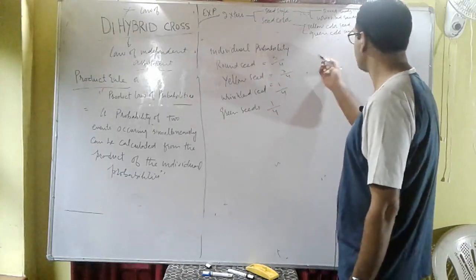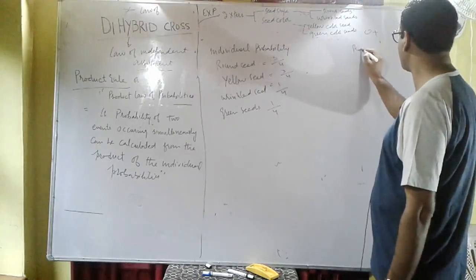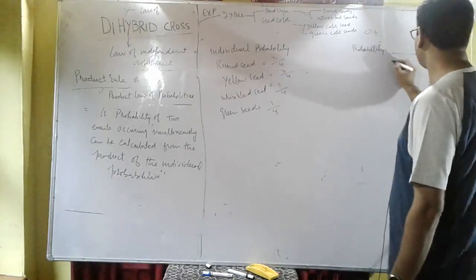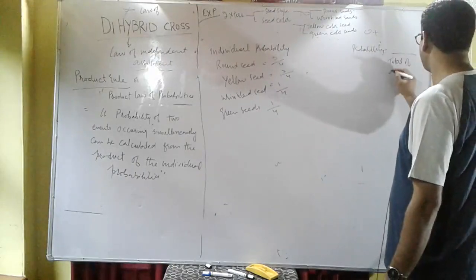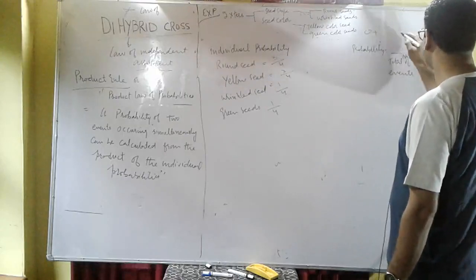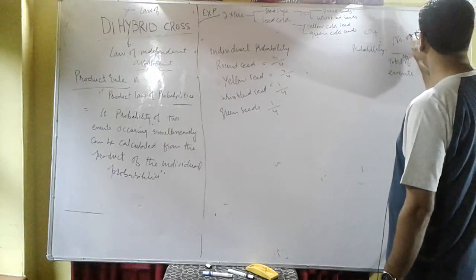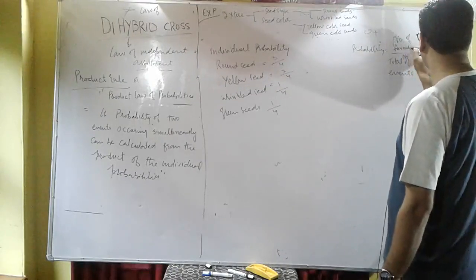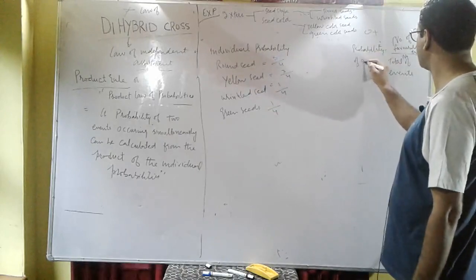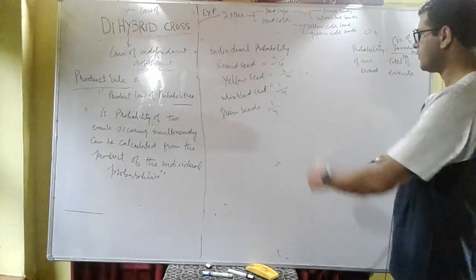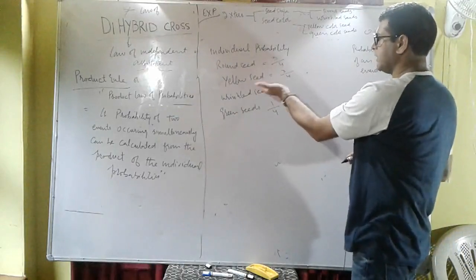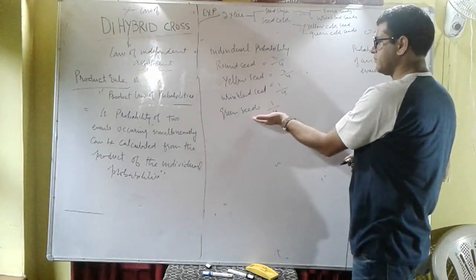How can you calculate the probability? Probability of an event is the number of favorable events divided by the total number of events. So round seeds have this probability, yellow seeds this probability, wrinkled seeds this probability.